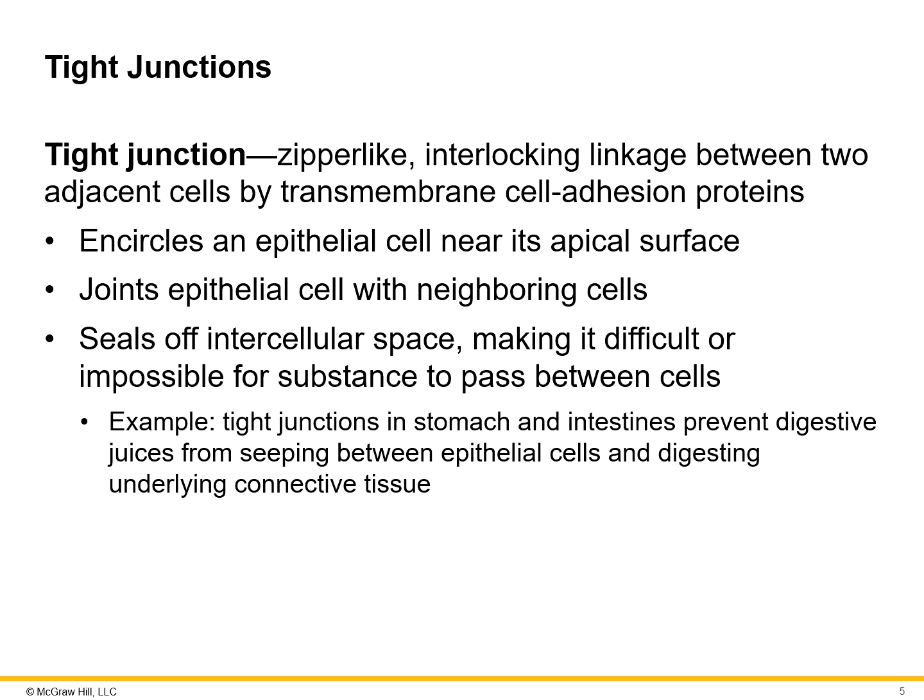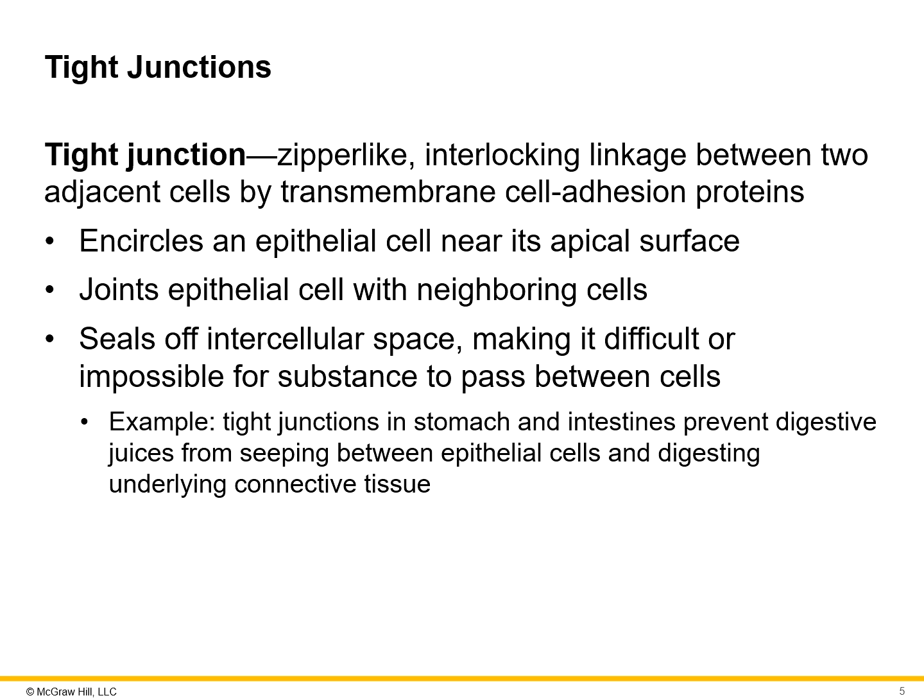Tight junctions are a zipper-like linkage that interlocks 2 adjacent cells. So what is anchoring them together are transmembrane cell adhesion proteins. I have some pictures coming up, don't worry. This encircles an epithelial cell near the apical or free surface.